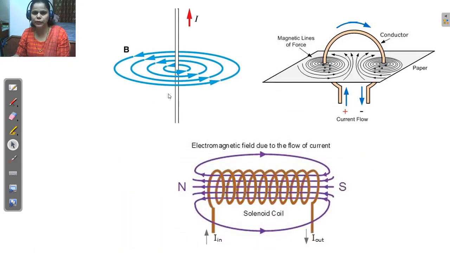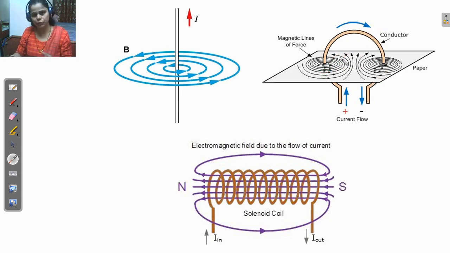I will explain to you about the circular loop. Just consider this is your face. This turn, this is your face, and the magnetic field lines just enter towards your face. So this is our south pole.